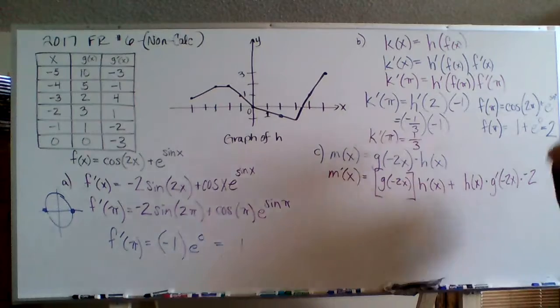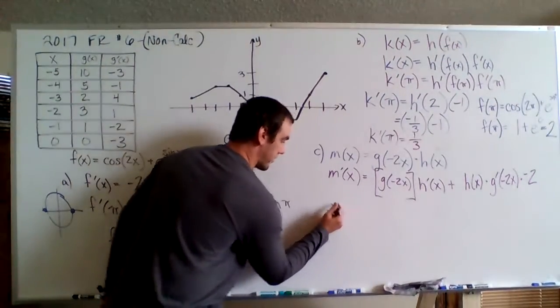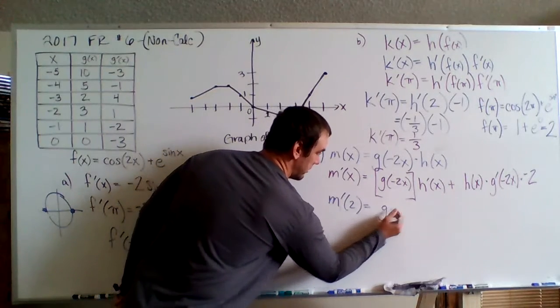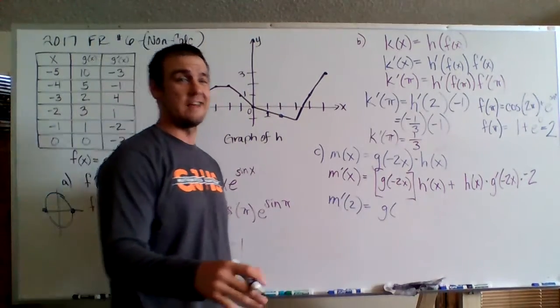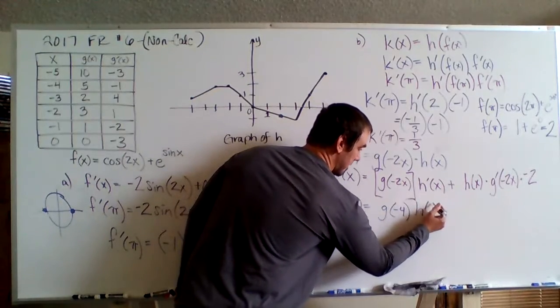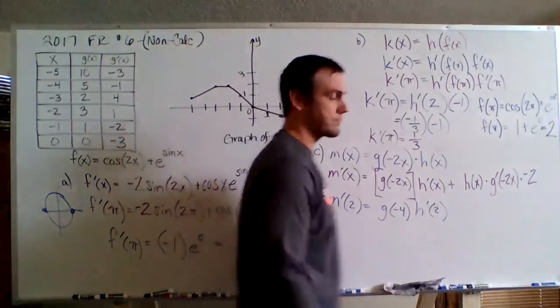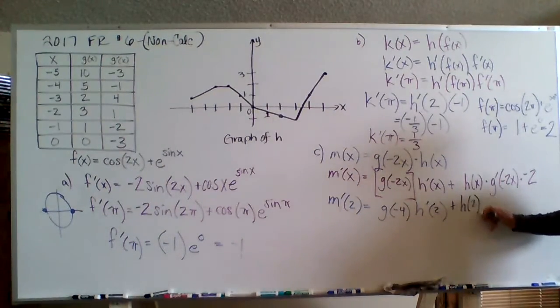Alright, so we really want to know m prime of 2 here. So let's plug that in. m prime of 2 is going to equal g of -2 times 2, which is -4, times h prime of 2, plus h of 2.